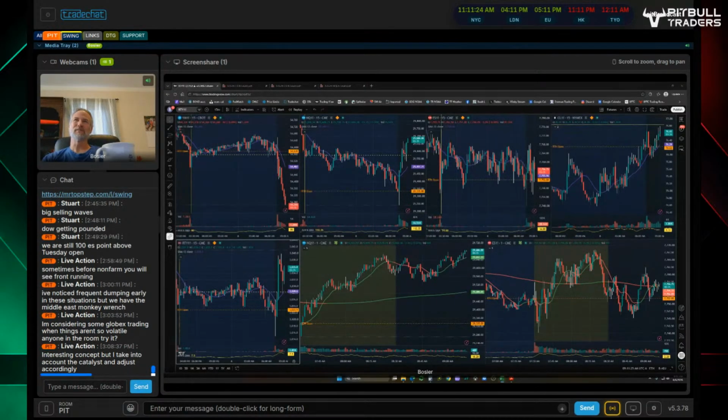Interestingly enough, we always talked about how the reversal entries should generally be your best profit factor trades, because the risk reward is so good.